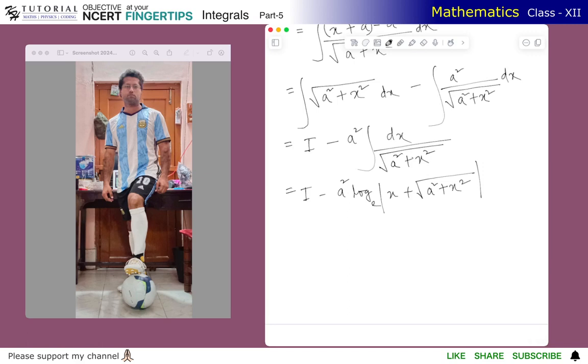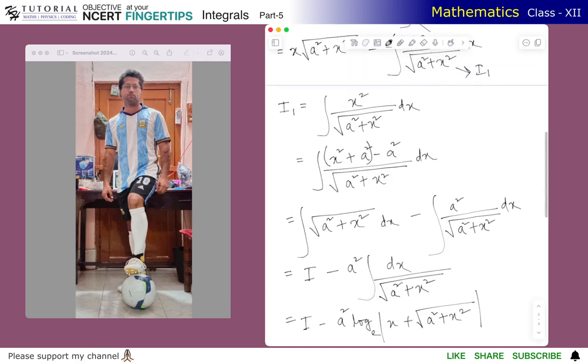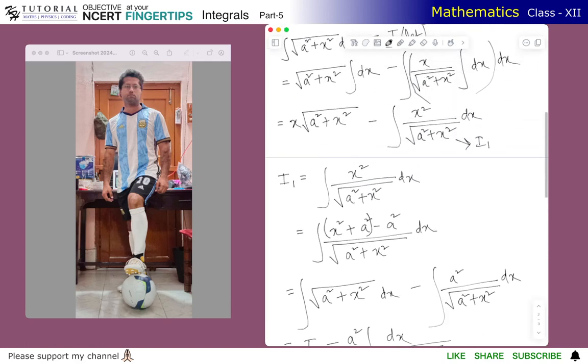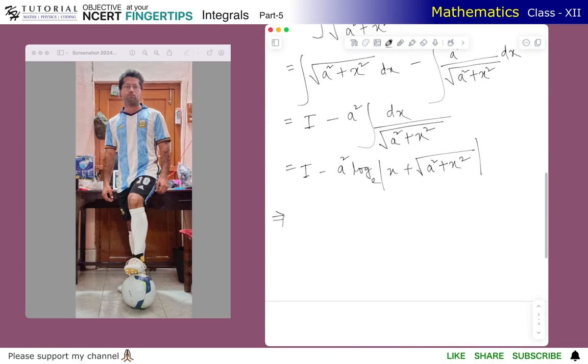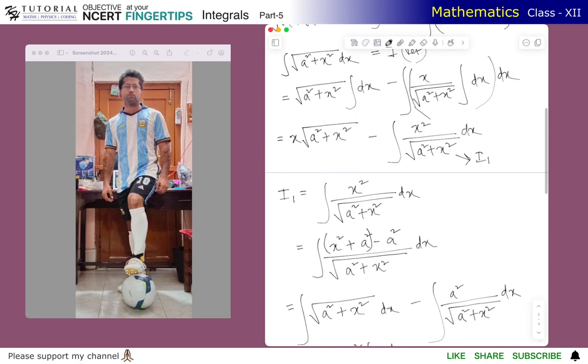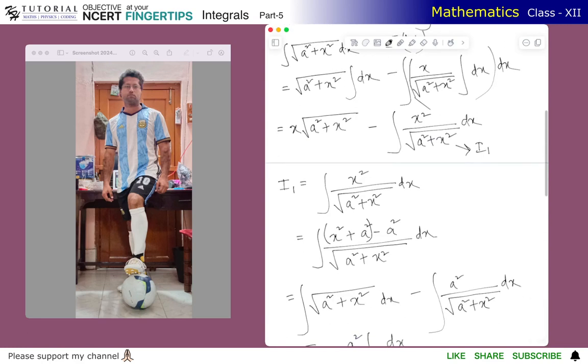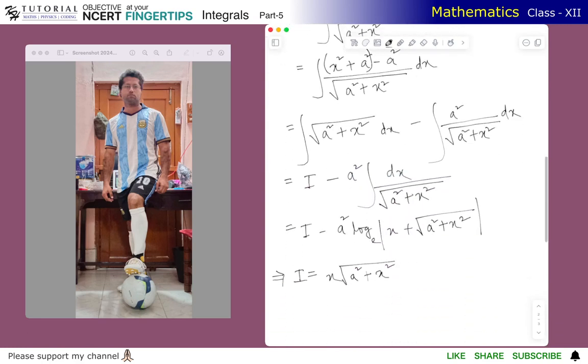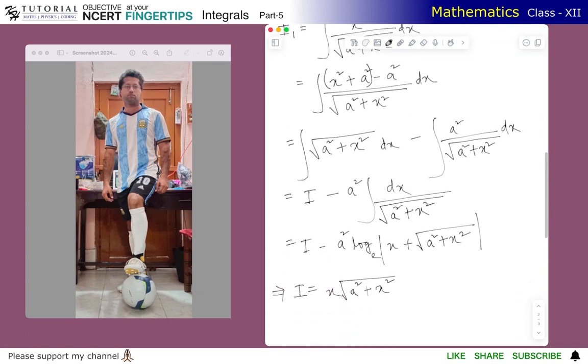So this implies that we got I as x root over a square plus x square minus I1, and I1 is this.